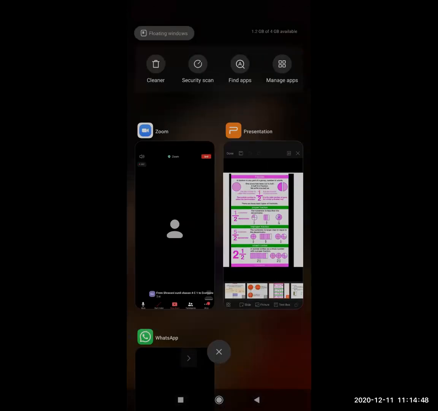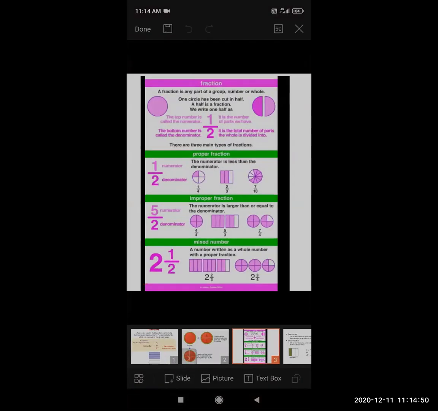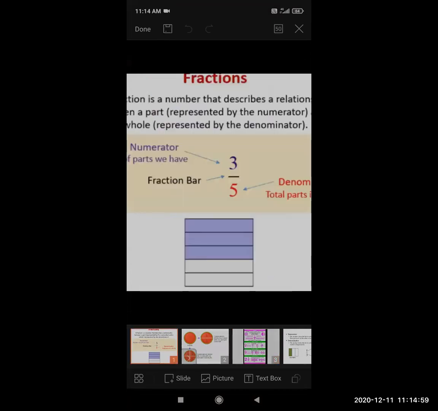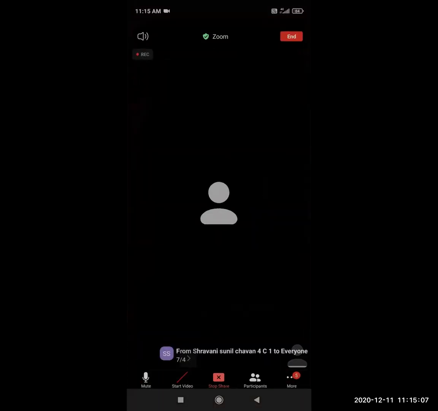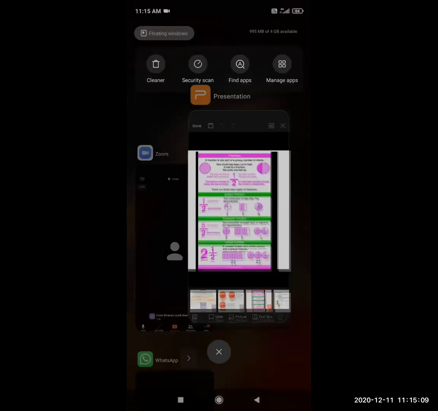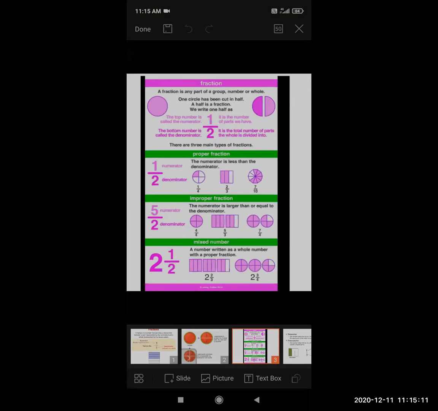Again, I'm going to show you the improper fraction concept. Okay. Look here. Improper fraction means, I gave you example one. First of all, keep in mind, in an improper fraction, the numerator is always big and the denominator is always small.